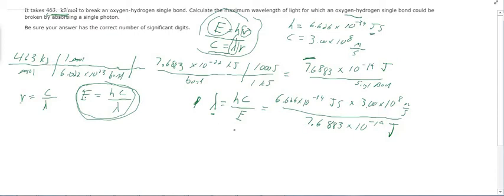When I solve this, I get that the wavelength equals 2.585 times 10 to the minus 7th meters. Often that is the answer, probably not in the right number of sig figs, but often it wants this in nanometers, which is often a more useful unit for us.